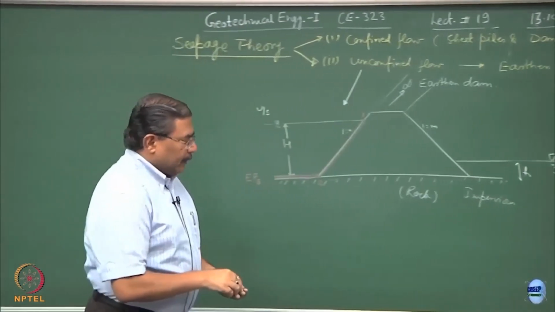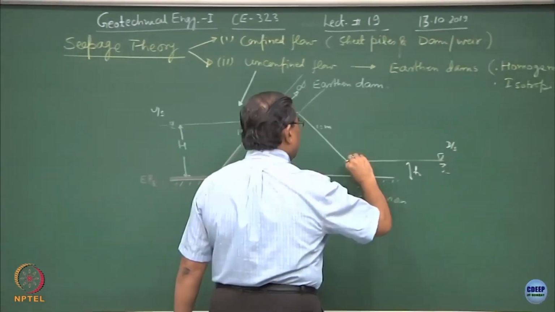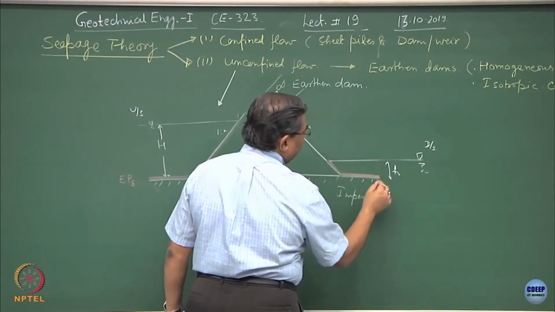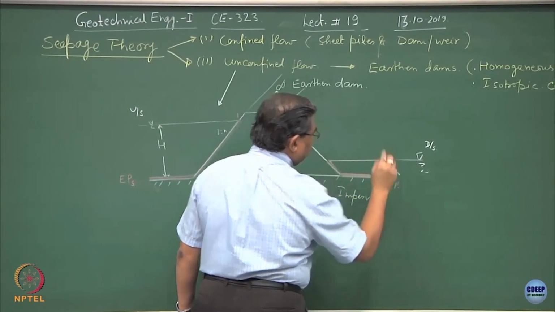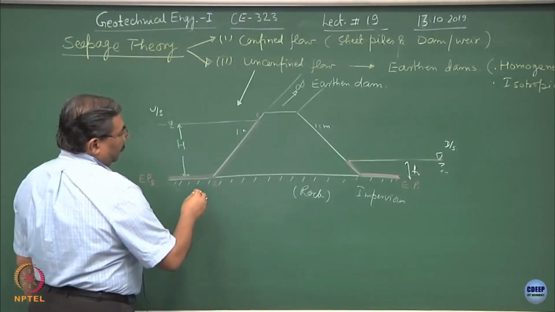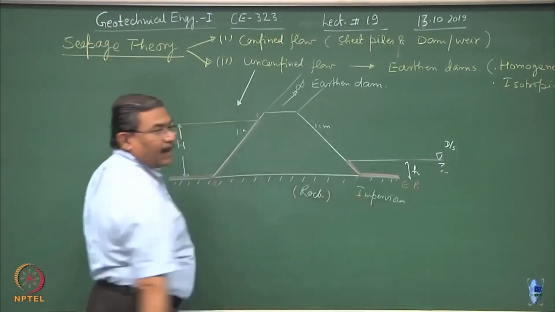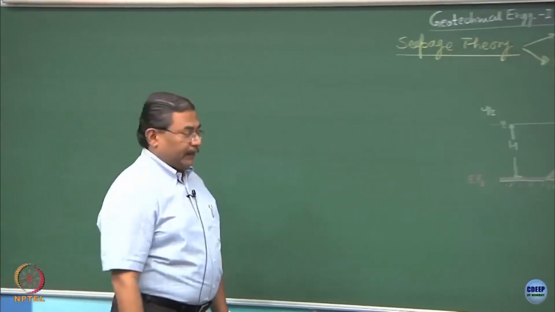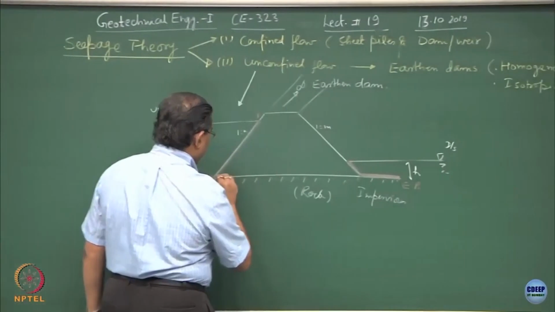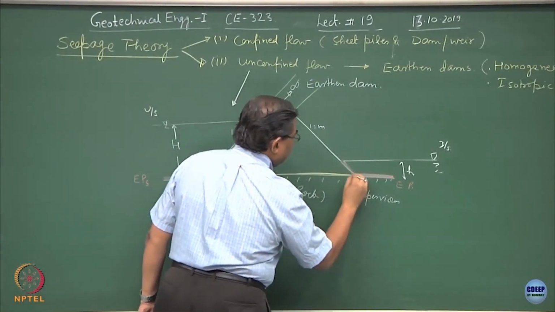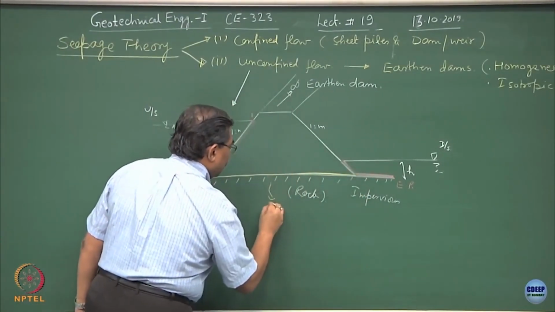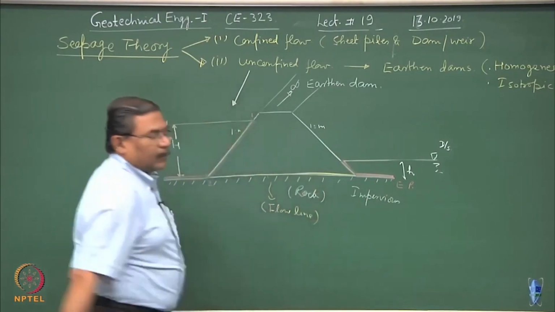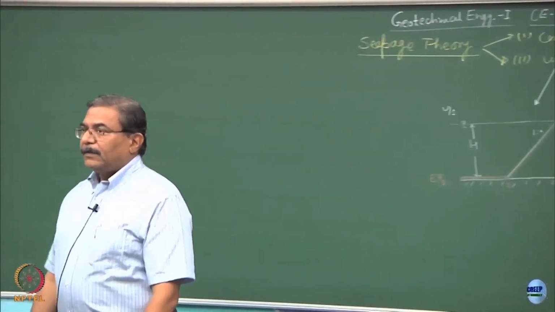I hope you can easily recognize the equipotentials, this is also an equipotential, alright. Now, if you look at the bottom layer, what happens? This happens to be the flow line. Okay. Did you follow this?